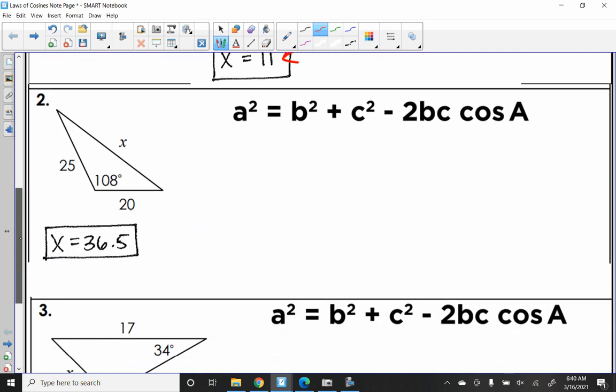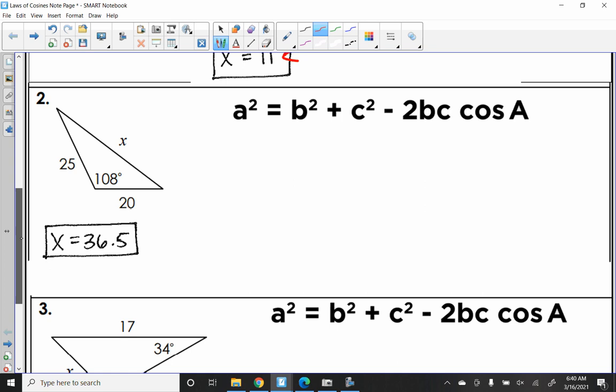All right, so all this process, I'll just show you. I'm going to go x squared equals, I'll say b is 20. I'm going to keep 25 the biggest.